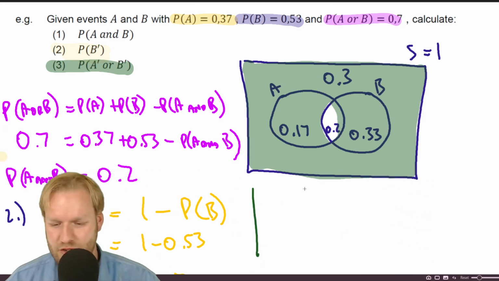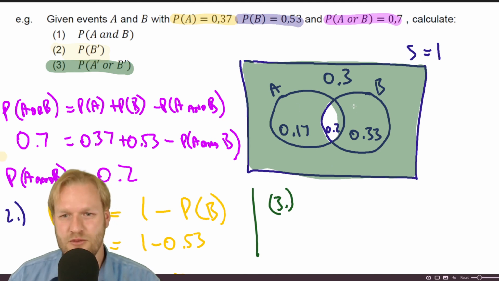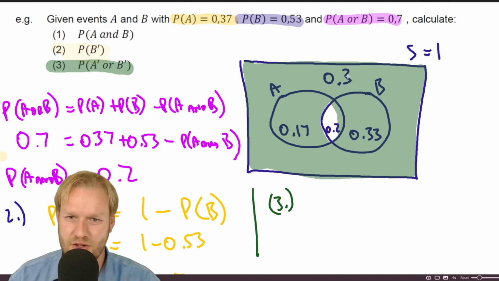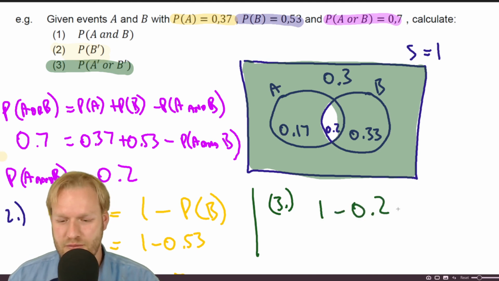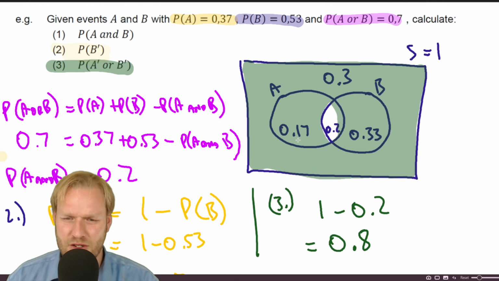So again, we can use the same kind of thinking: instead of going 0,17 plus 0,33 plus 0,3, why don't we just go 1 minus the only bit of the picture that we didn't highlight. So 1 minus 0,2, which gives us 0,8. Not the end of the world if you went 0,17 plus that, you'd get the same answer. But hey, be a little bit efficient. So I think that does that one.